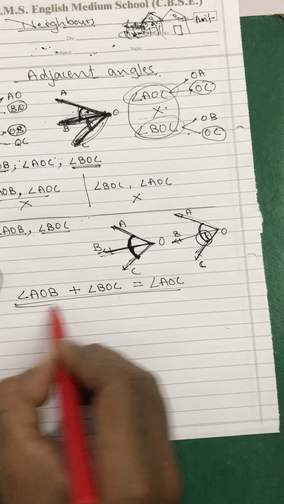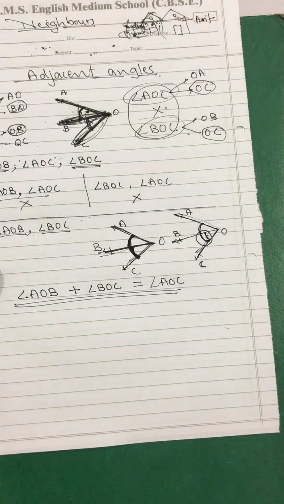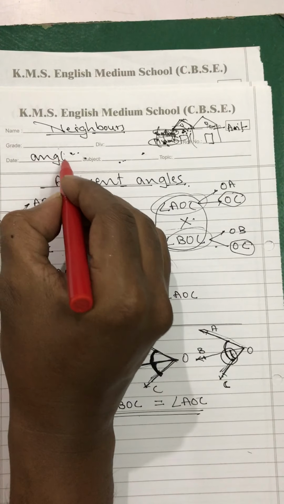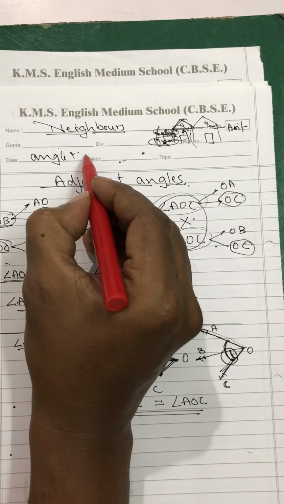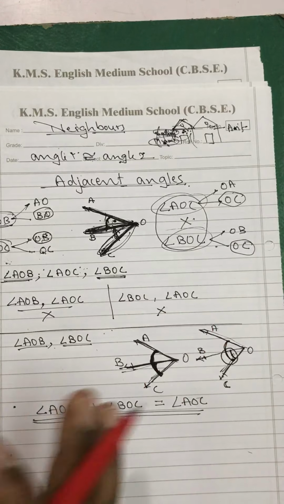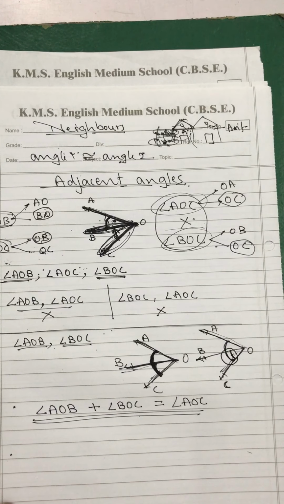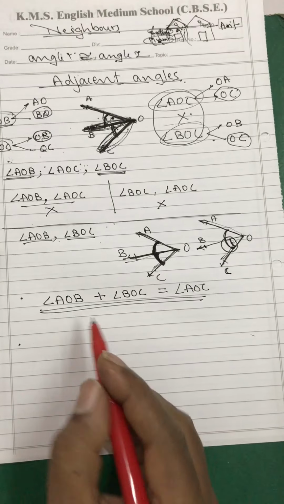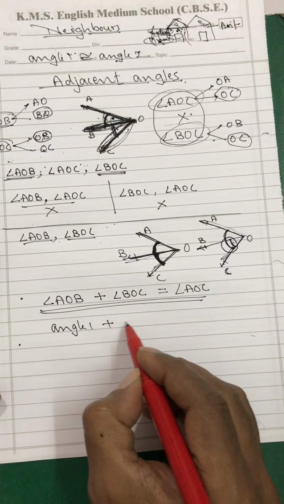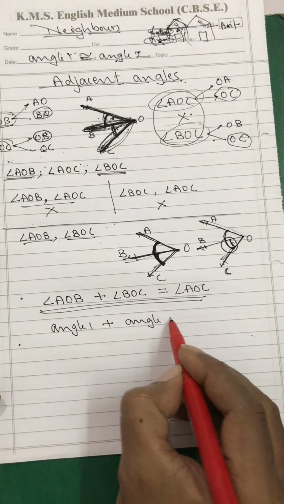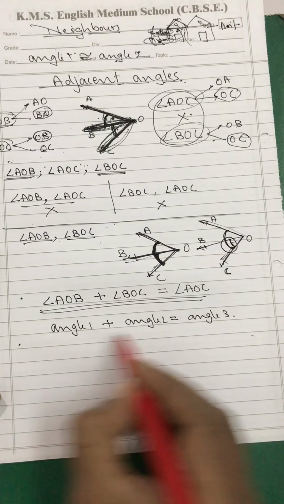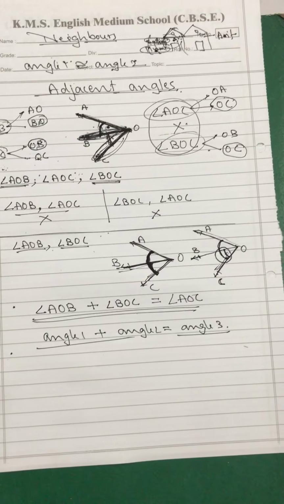This is the equation of adjacent angles. The equation of vertically opposite angles is of this type: angle 1 is congruent to angle 2. And the equation of adjacent angles is of the type that one angle plus another angle will give you a third angle.